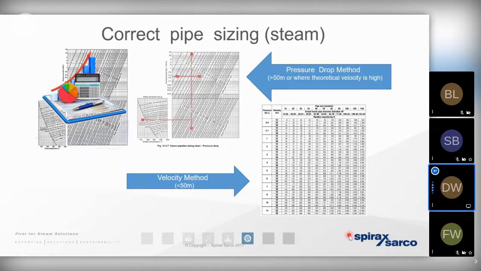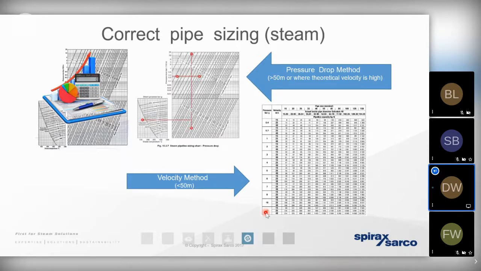But for smaller runs of pipework, typically 50 meters and less, we would size on what we refer to as the velocity method. In other words, it's the speed that we're distributing the steam at. And there are typically 3 different speeds or velocities we would use: 15, 25, and 40 meters per second.